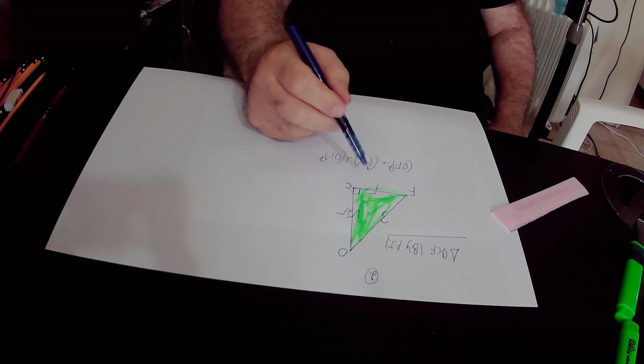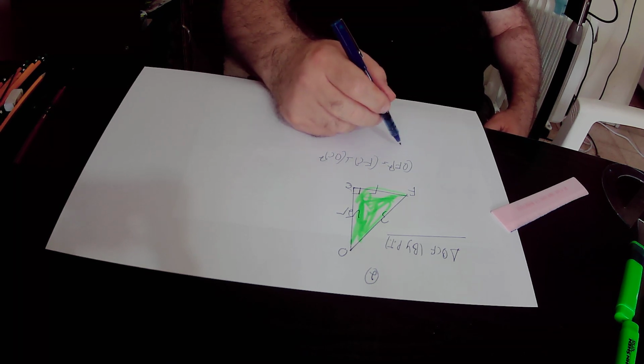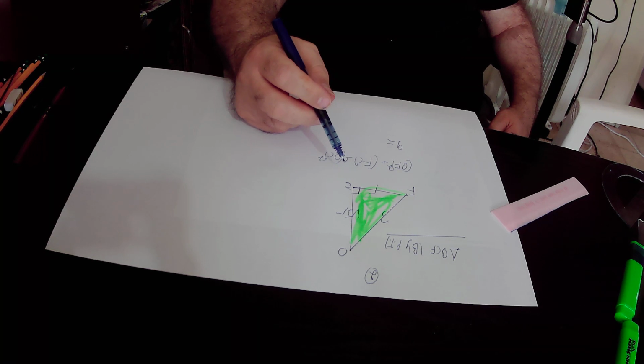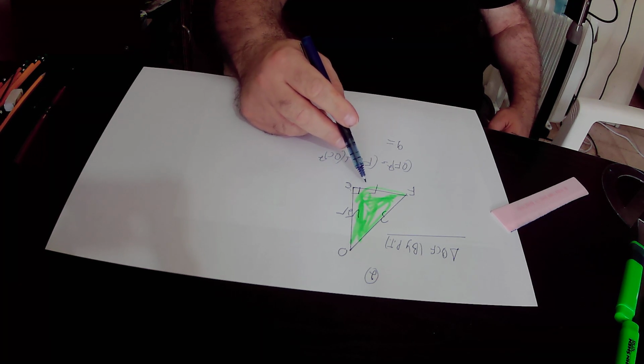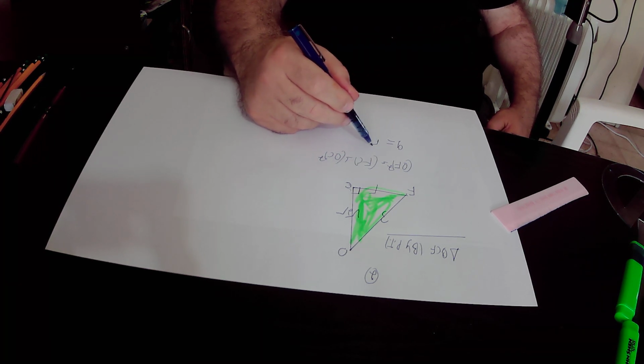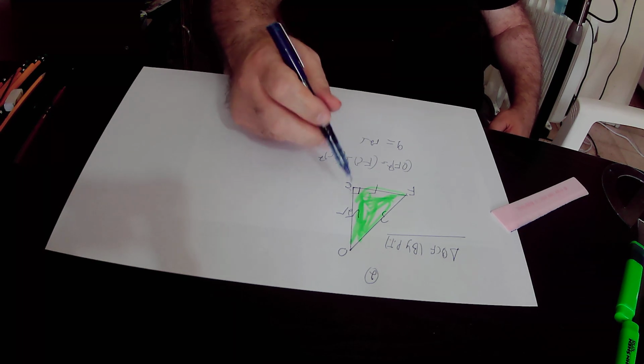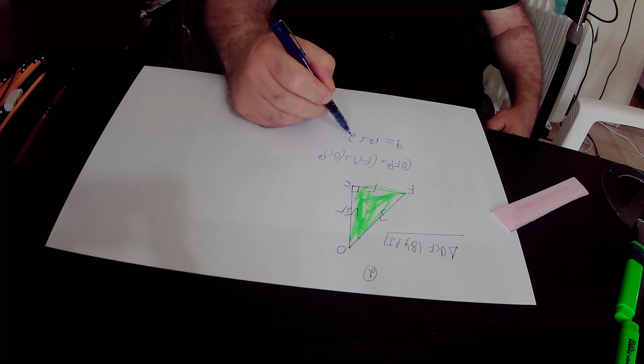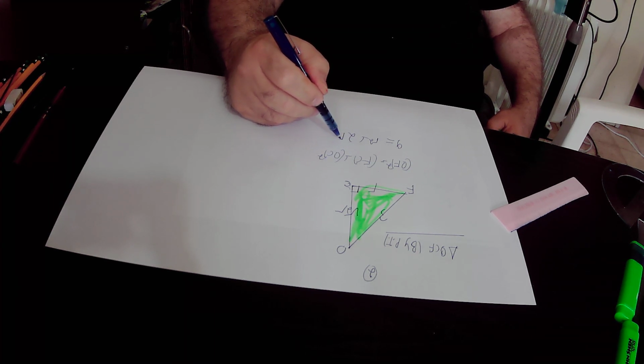OF equals 3, so OF square is 3 squared, which is 9, and it is equal to FC square. FC equals R, so FC square is R square, plus OC square. OC equals square root of 2 R. Therefore OC square equals 2 R square.